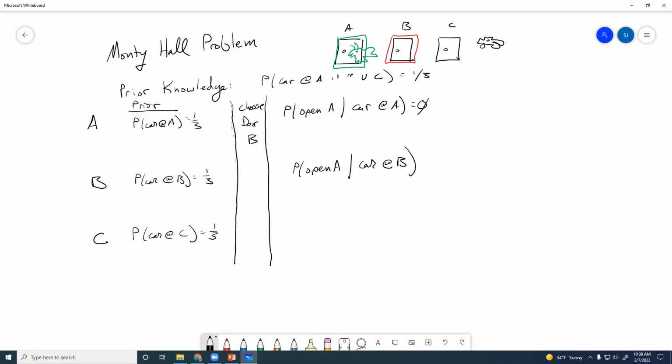We chose B, so this is that 50-50. And then C: the probability that he would open A given the car is at C. He's not going to open the door with the car, right? So that's 1. There's no choice there, right?